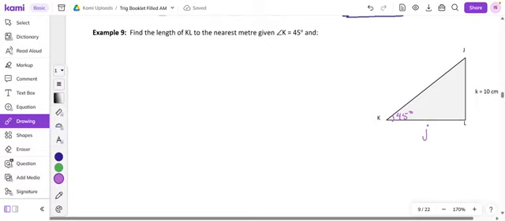The first step I do is once I know what angle I'm using, then I label everything as OAH. Okay, so if this is my angle, that's going to mean this is opposite. Hypotenuse is always hypotenuse. And this is my adjacent.